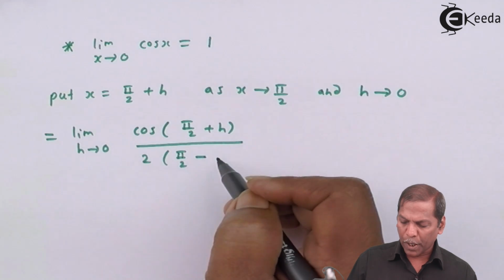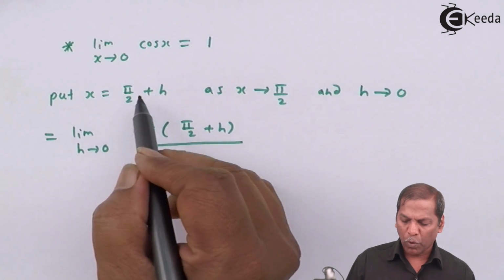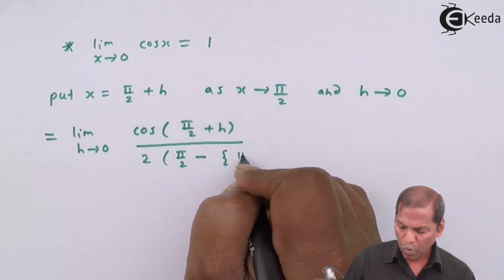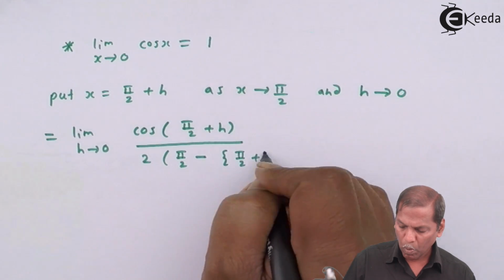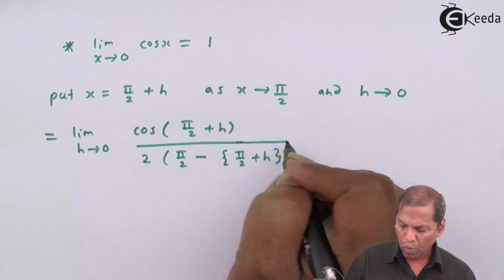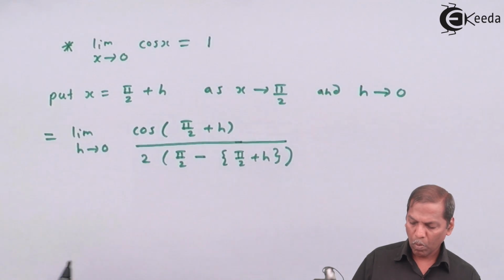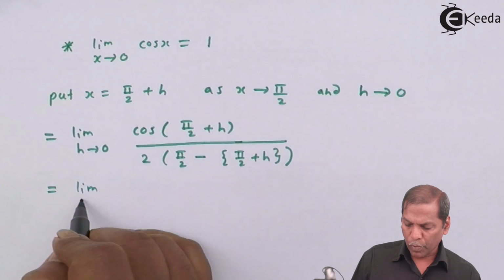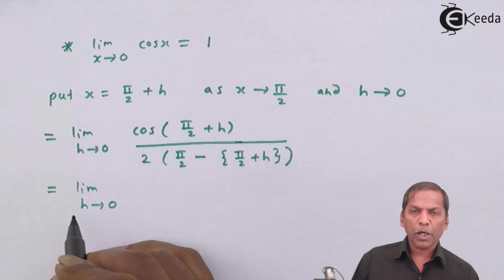Now for x we write pi by 2 plus h. That is equal to limit h tends to 0.